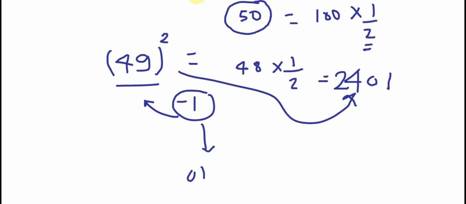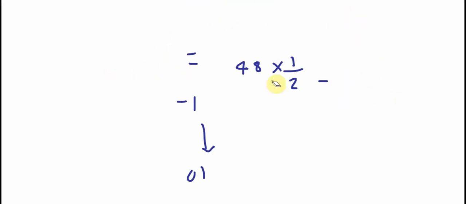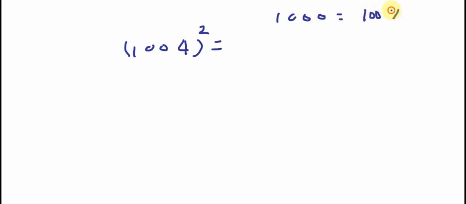Similarly, let's say we have a bigger number, somewhere around, let's say, 1004. If you need to calculate the square of this big number, the closest multiple of 100 to 1004 is 1000, and that can be written as 100 into 10.